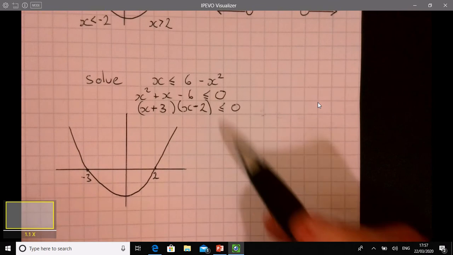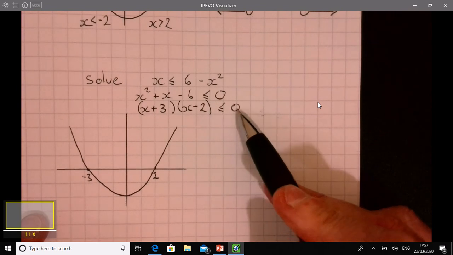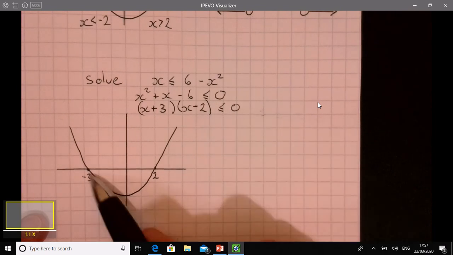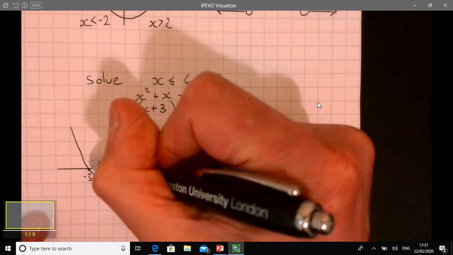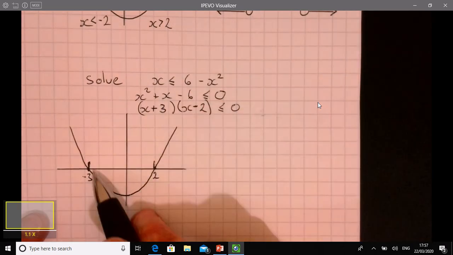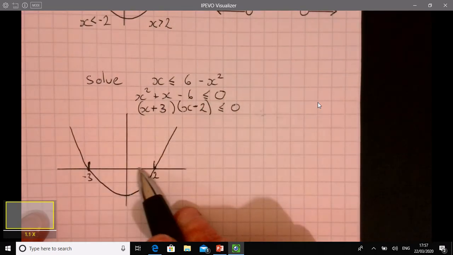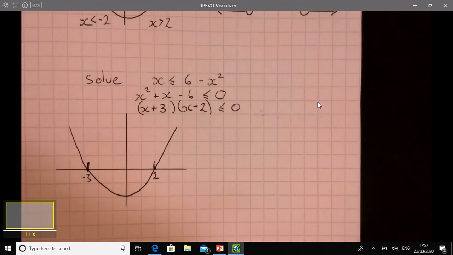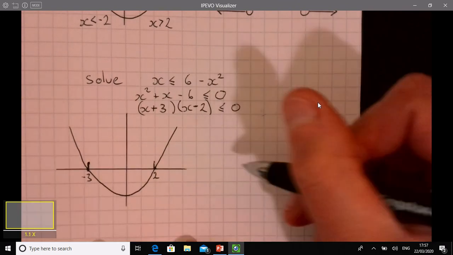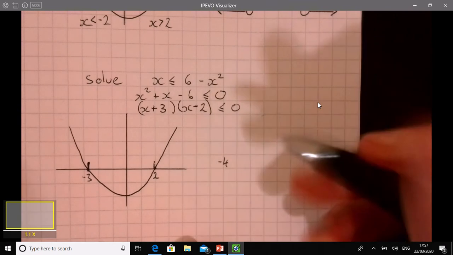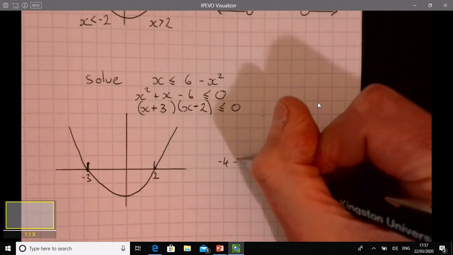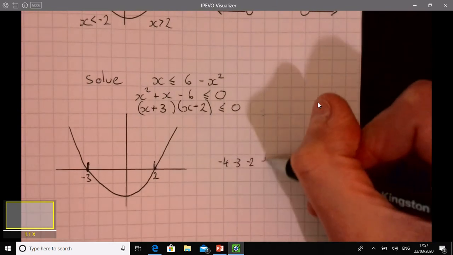And we want to know when it's less than or equal to 0. So it's in this area, isn't it? It's in this section. So it's above minus 3, less than 2. Now again, we may well be asked to represent this on a number line. Let's do the same thing. So we have minus 4. If I quickly write a number line out, here we go.